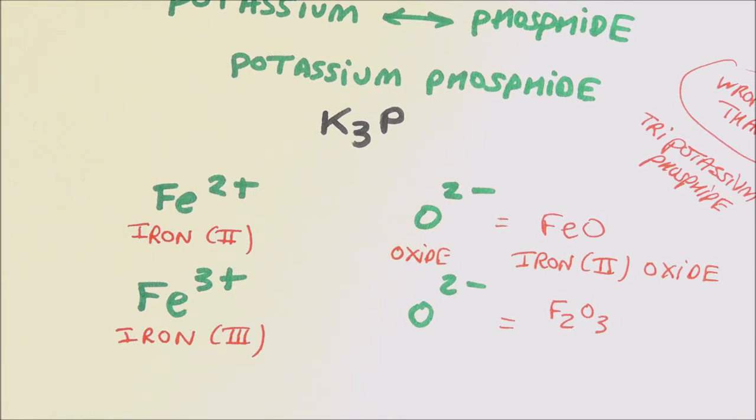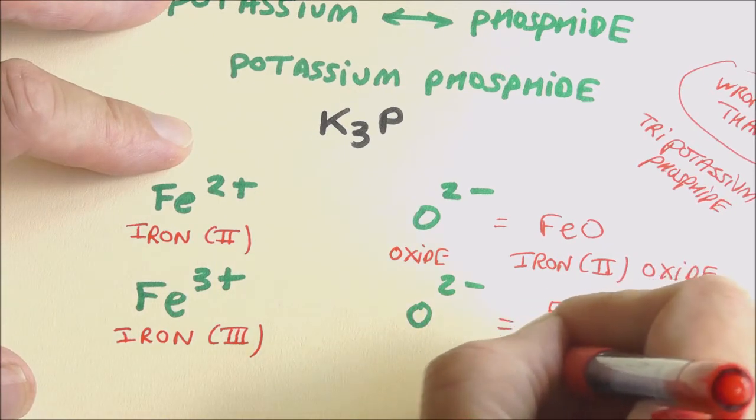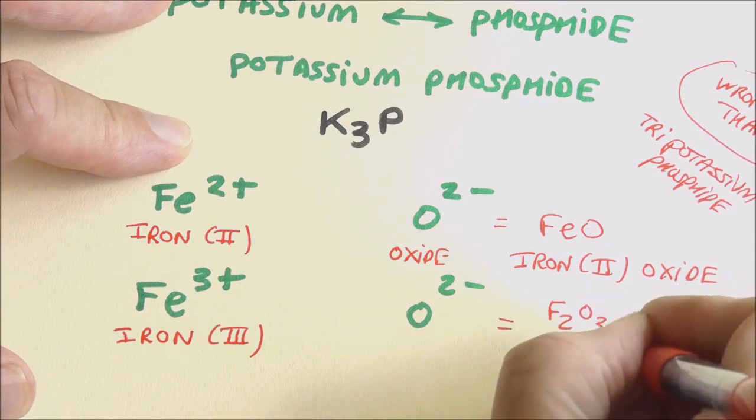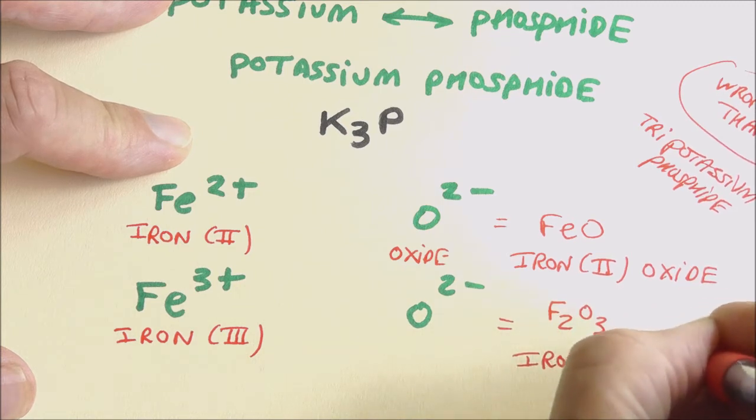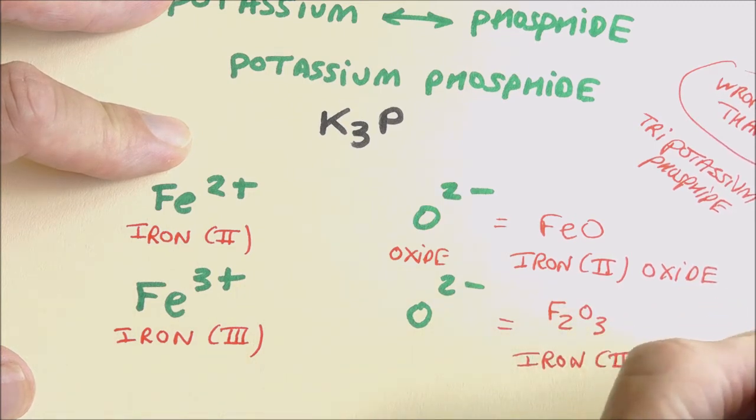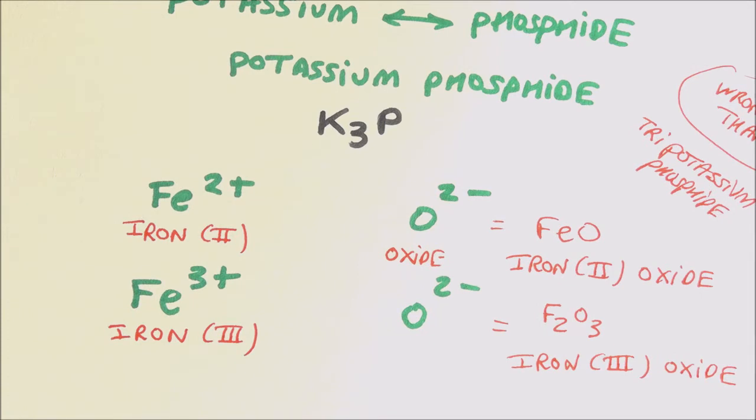Now notice, that doesn't mean there's 2 irons. There's only 1 iron. But that means that the charge on that iron is a positive 2. Fair enough? This would be iron 3 oxide. So what you need to do when you look at a formula is check your metal and ask, where's it from? What part of the periodic table is it?